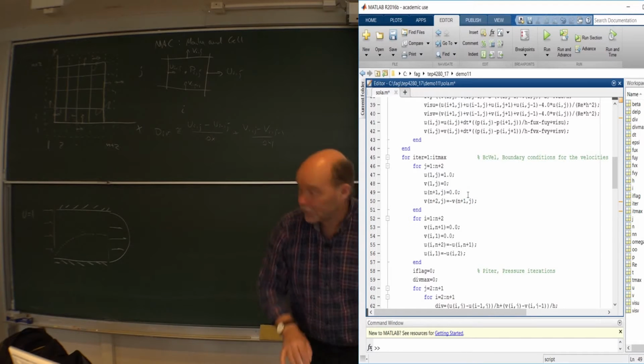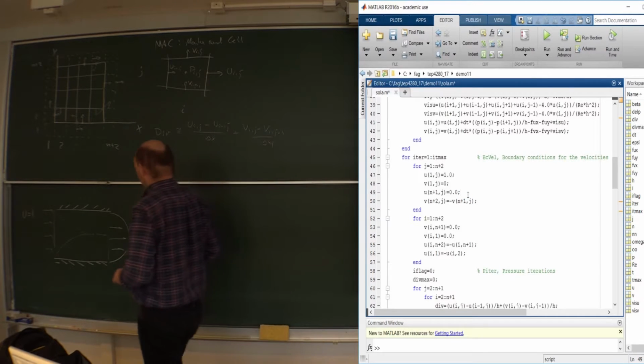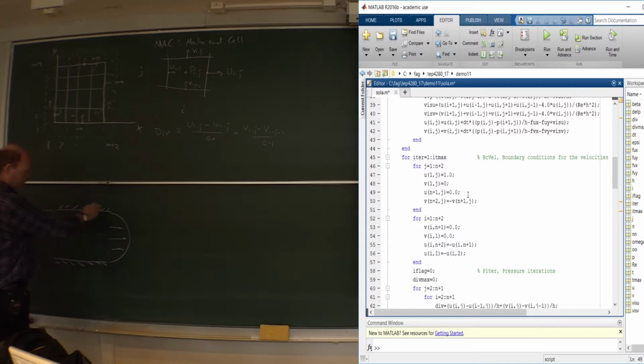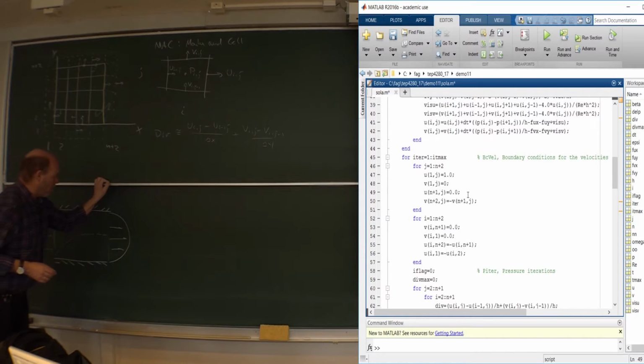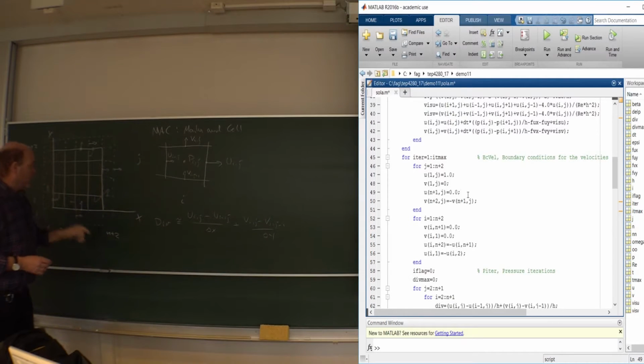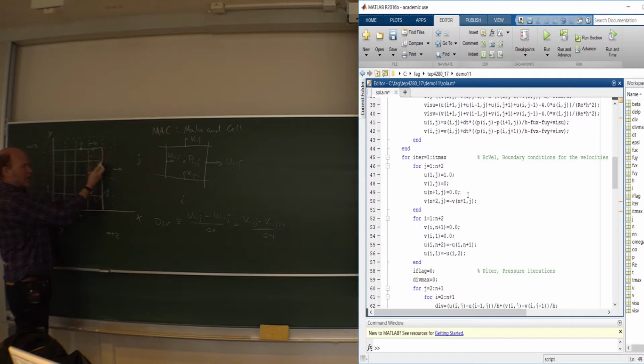What about on the other side, on the outlet? Well, on the outlet, actually, I have no idea. So what do we do? We use a Neumann condition, just saying the derivative equals 0. Then I have trouble finding the derivative just at the outlet. So there I cheat. I say the derivative should be 0 for the u velocity.